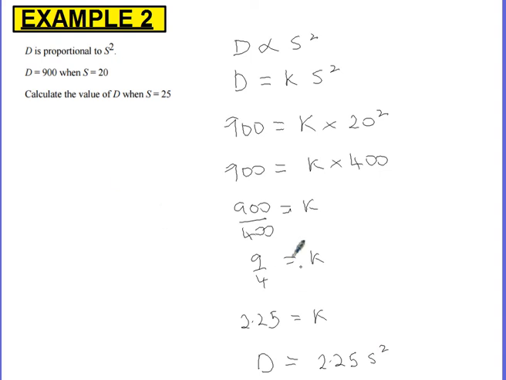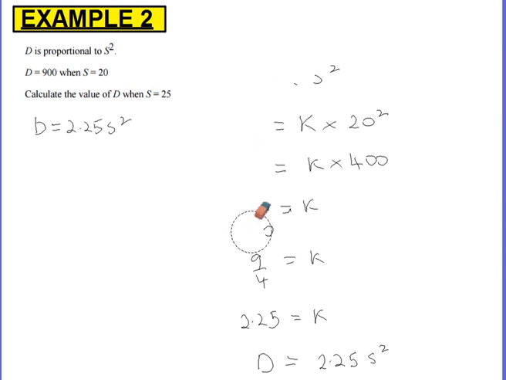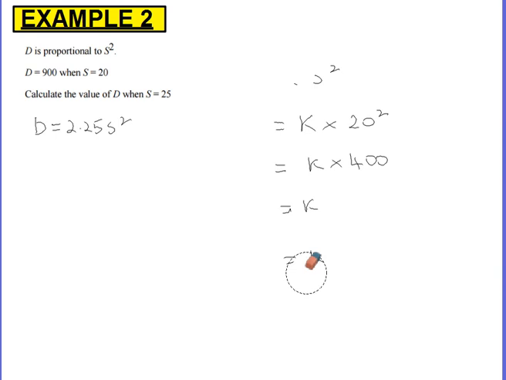Notice it didn't ask you to do that, but we need that formula to answer any further questions. So we needed to establish the value of K. Now we've got the value of K, we can answer the question that we were given originally. If I just write that again here, because that's all I need to use now. If I just get rid of this, because we're not going to need this anymore, obviously in an exam you'd leave that there.